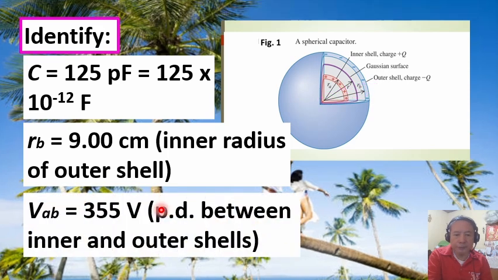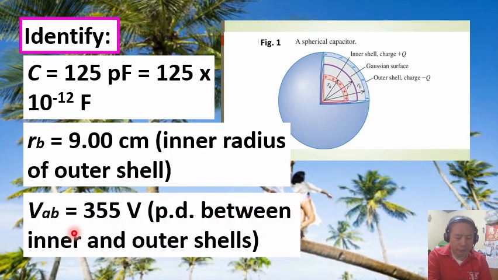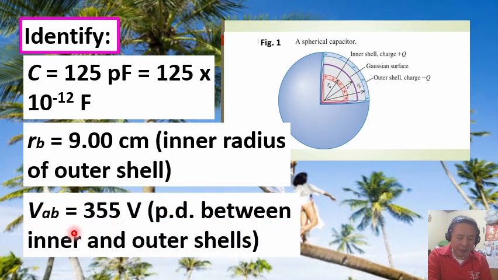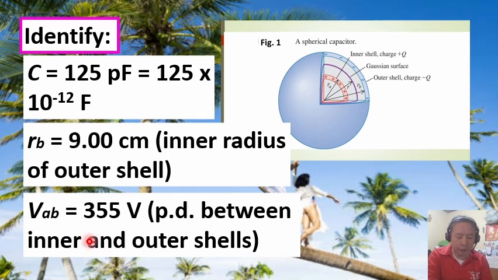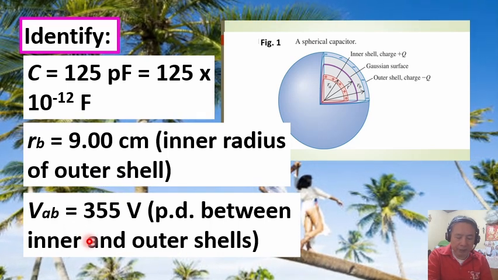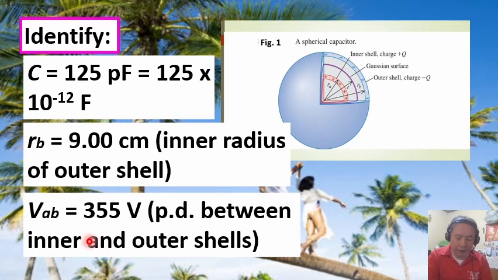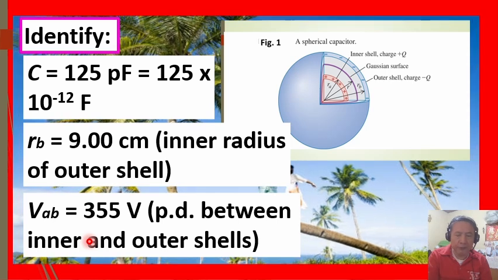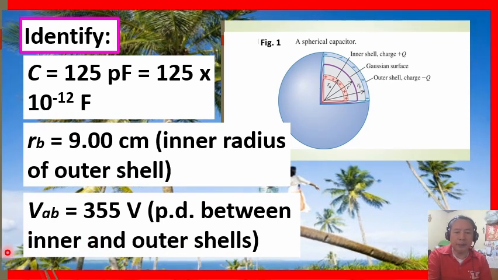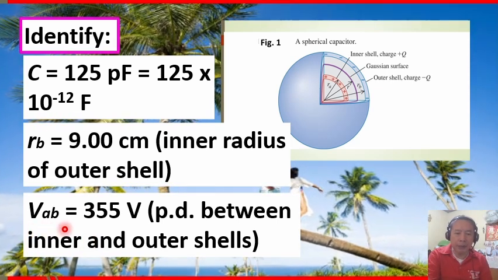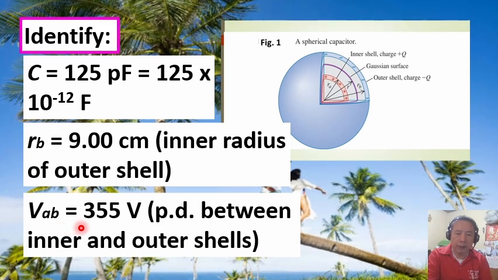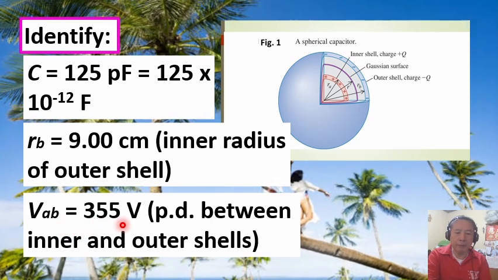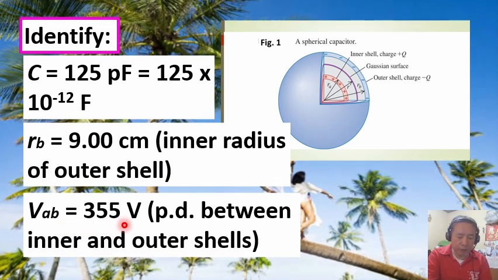We are also given the potential difference between the positive inner shell and the negative outer shell, denoted by capital V sub AB, equal to 355 volts.